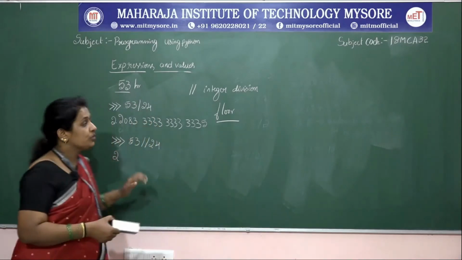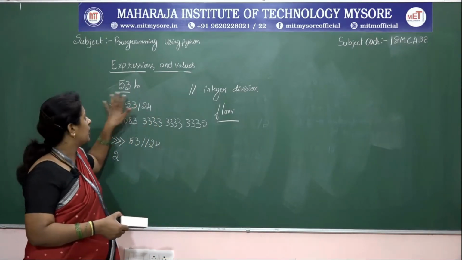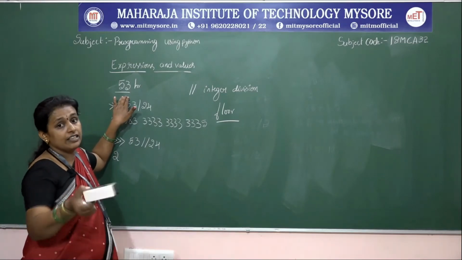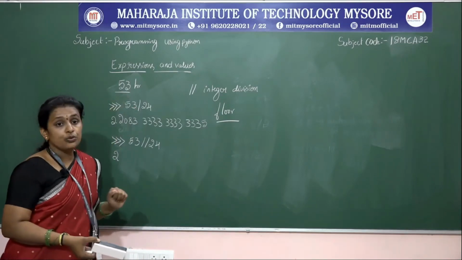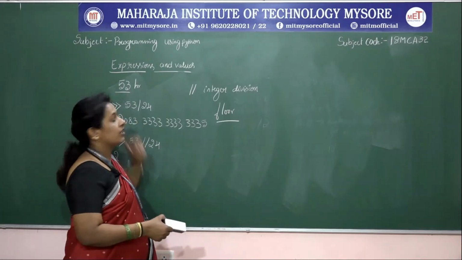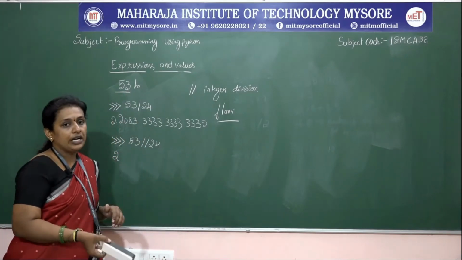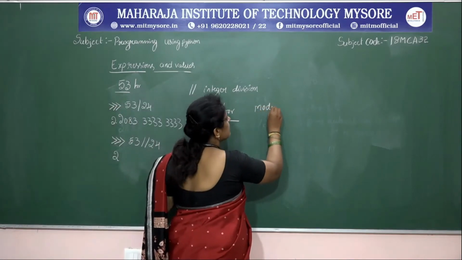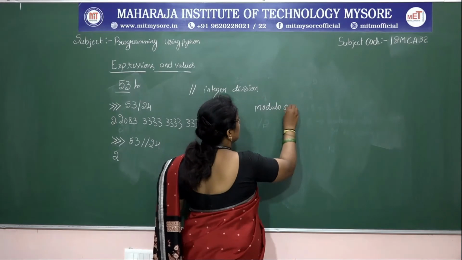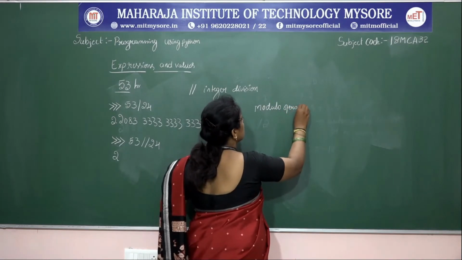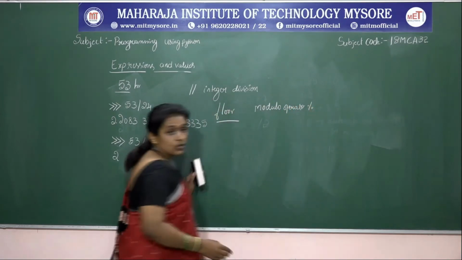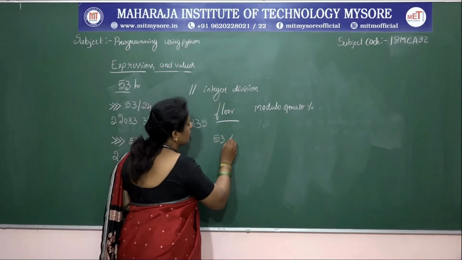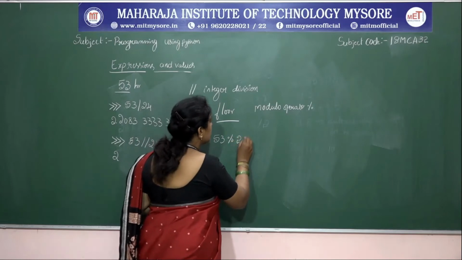Now with respect to this problem, I need to find out how many hours are left out. To know the remainder of the hours, I have an operator called the modulo operator, that is the percentage symbol. So 53 modulus 24.